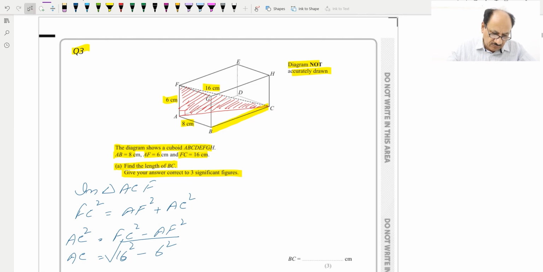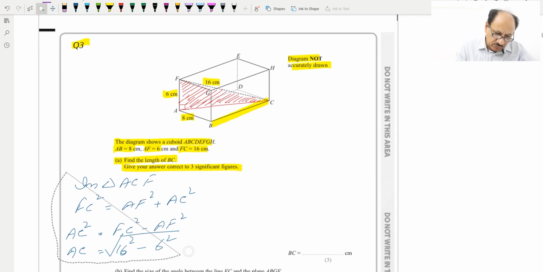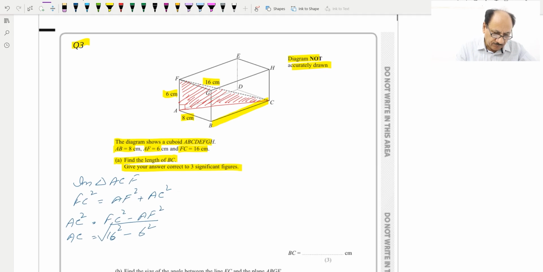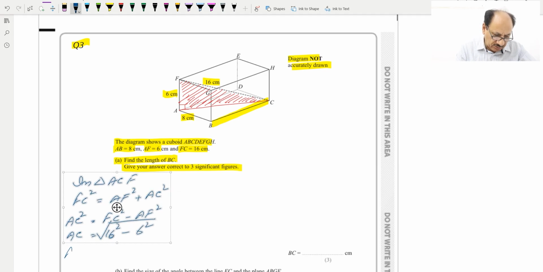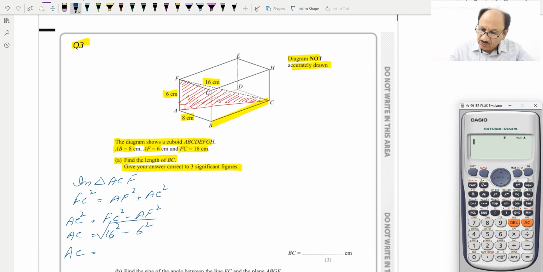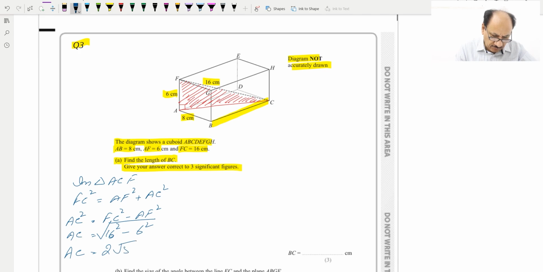So AC is equal to root of 16 square minus 6 square, and this is equal to 2 under root 55. So 2 square root of 55.